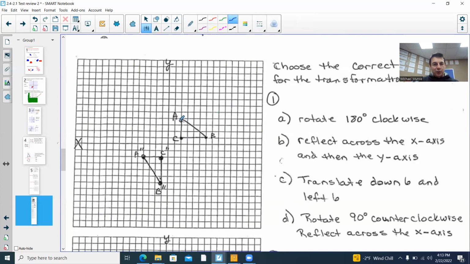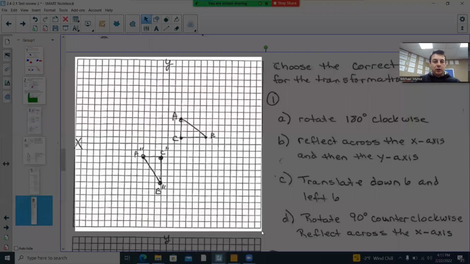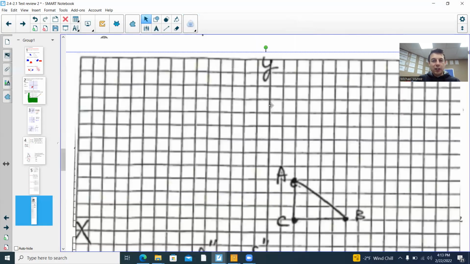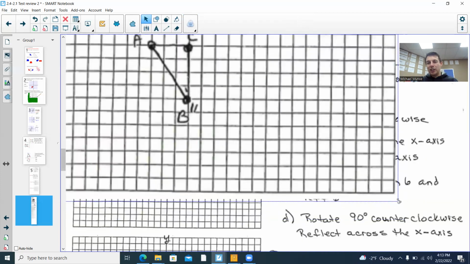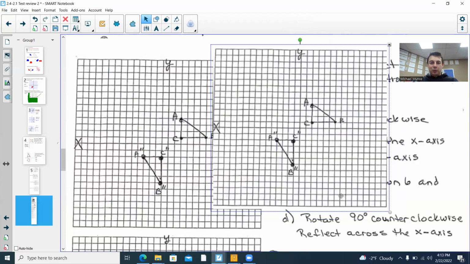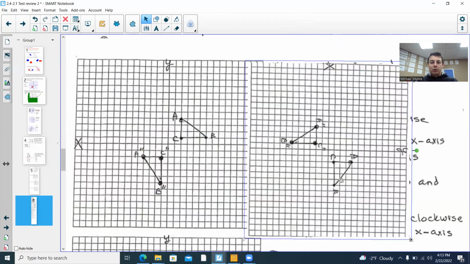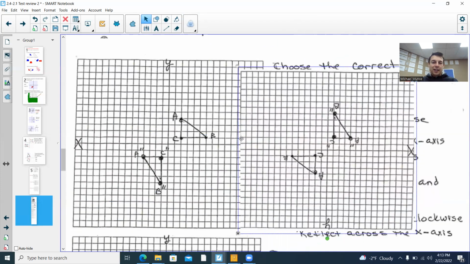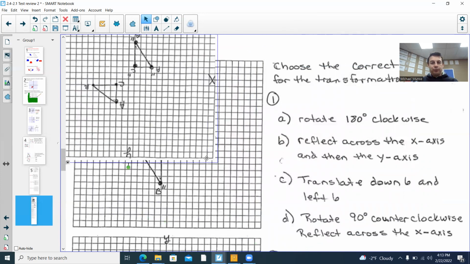But if I were to rotate this triangle, I can do this, cut it out pretty easy. On yours, you'd have to turn it and make your dots to be sure. But if I were to rotate this 180, so 90, 180. I can see that it's not quite lined up the way it's supposed to be. So it can't be that one.